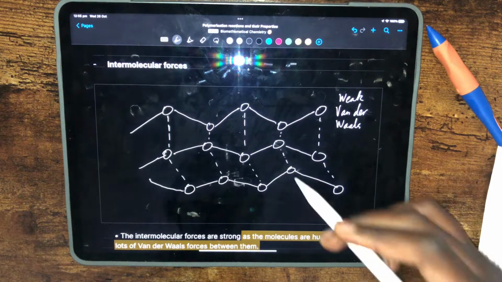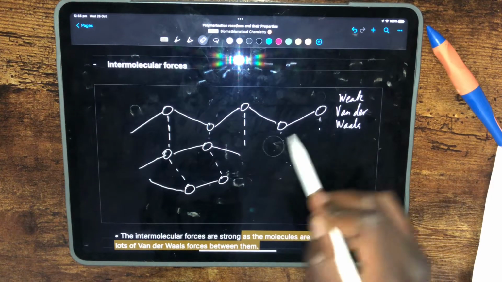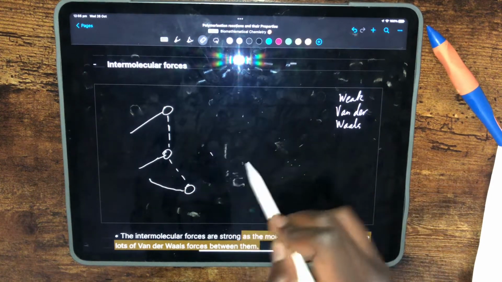Now, you're not talking about double bonds here, but I'll give you an example to show what I mean. You won't necessarily have a double bond, but it's more to do with the fact that you have side chains.